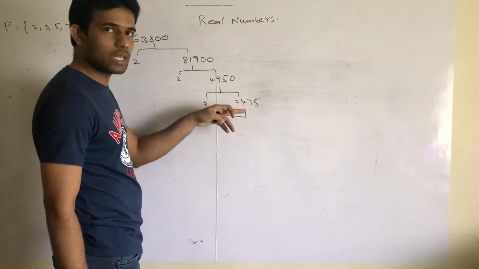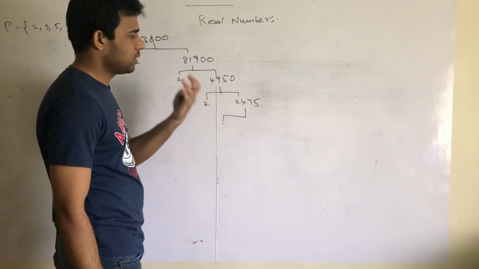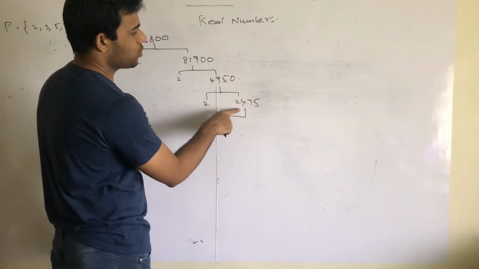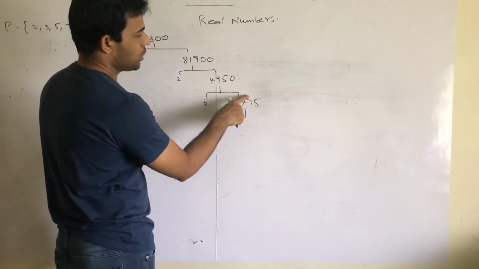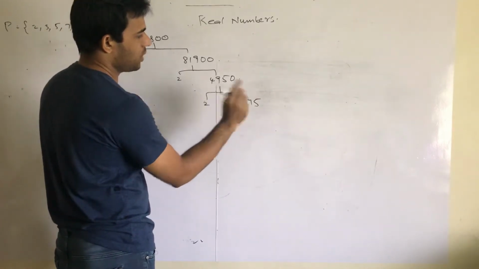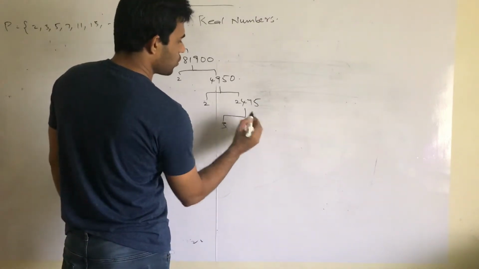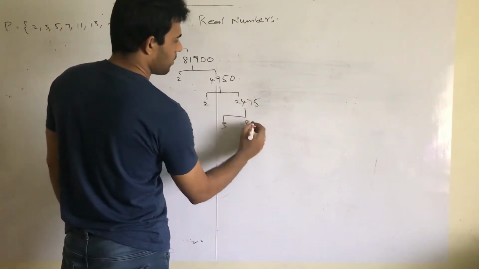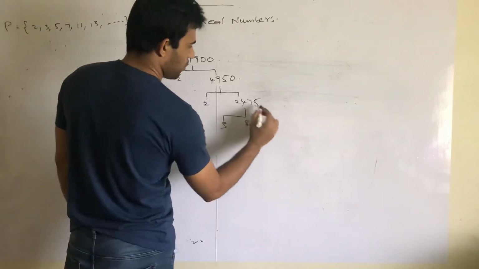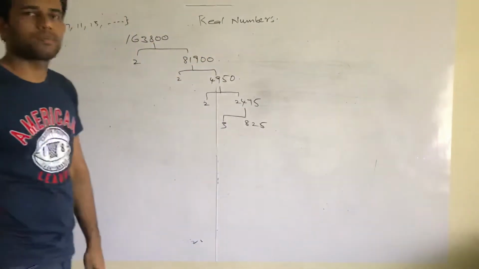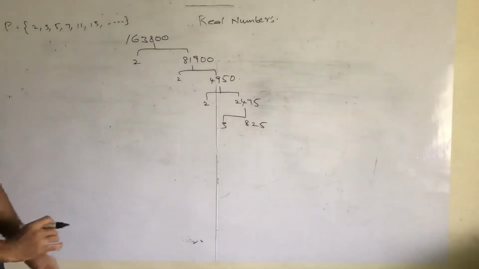Whether it goes with 3, I'm not sure, so let's check quickly. 3 8s 24, 3 2s 6, 3 5s 15. Yeah, it goes. So it is now coming as 825.